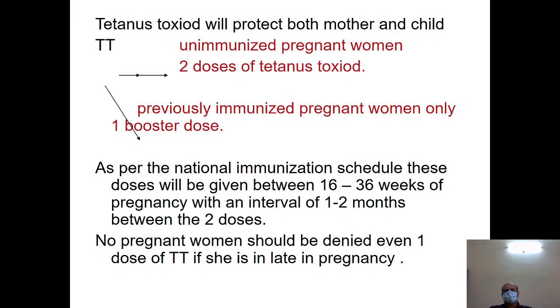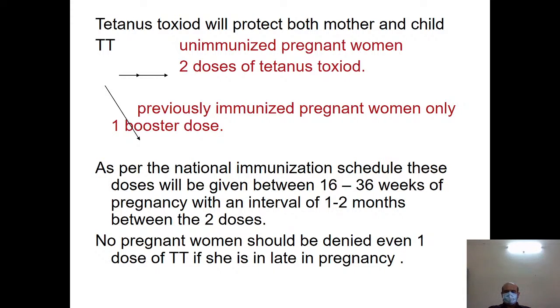The tetanus toxoid will protect both mother and child. An unimmunized pregnant woman should receive 2 doses of tetanus toxoid. For a previously immunized pregnant woman, only one booster dose is needed.